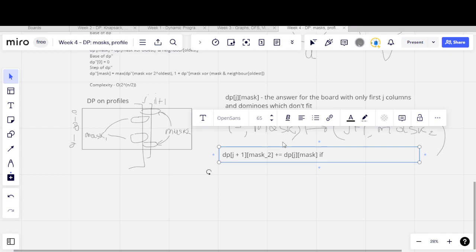What if the remaining three cells need to be covered with vertical dominus?